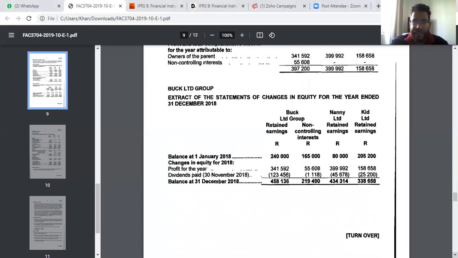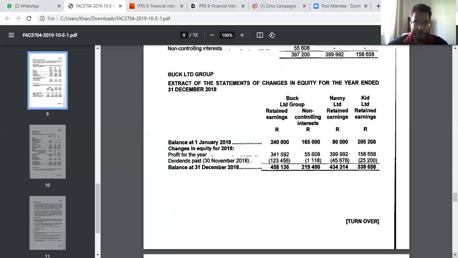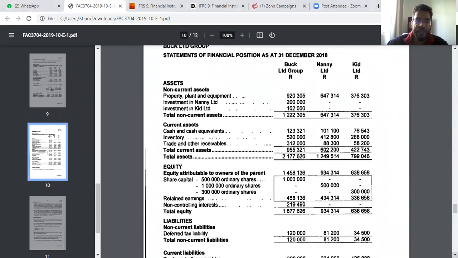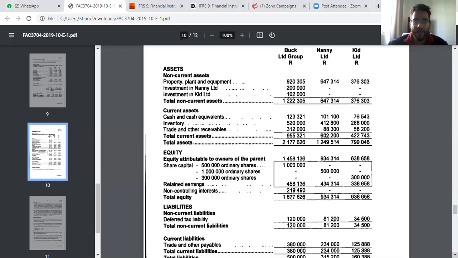What we currently have is retained earnings and non-controlling interest for Buck Ltd, then Nanny Ltd and Kid Ltd retained earnings. Then they give us a statement of financial position. We have property, plant, and equipment. Buck has an investment in Nanny and also an investment in Kid. That is a horizontal group because the parent has a direct investment in both entities.